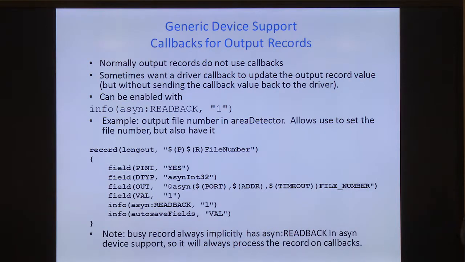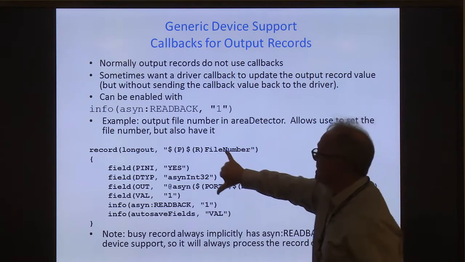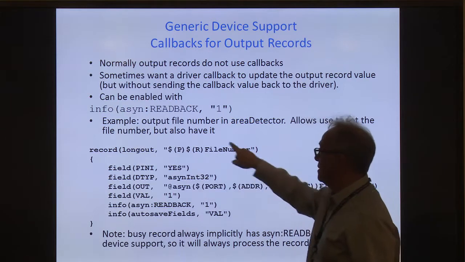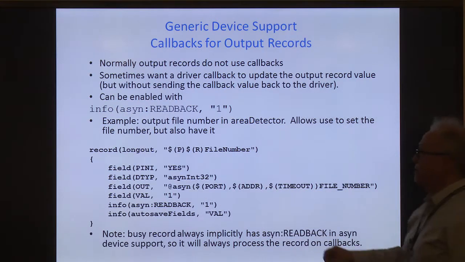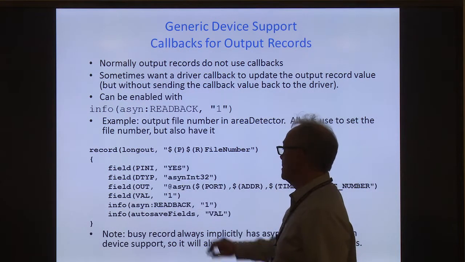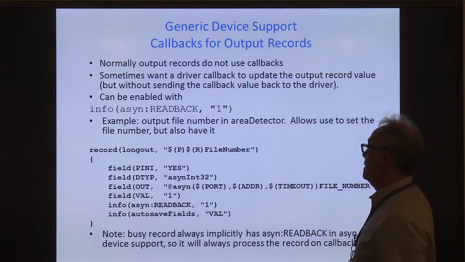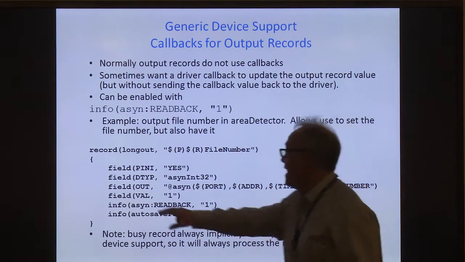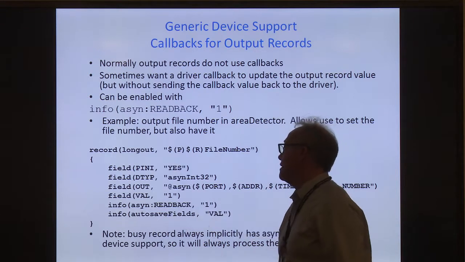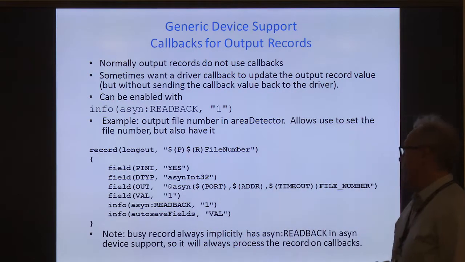As an example, if you've used areaDetector, you know that there's a file number field for all of the file plugins, so it can make each file have a new number. This is the definition of that in the areaDetector database. It's a longout record with this asyn link, and it has asyn:READBACK 1.